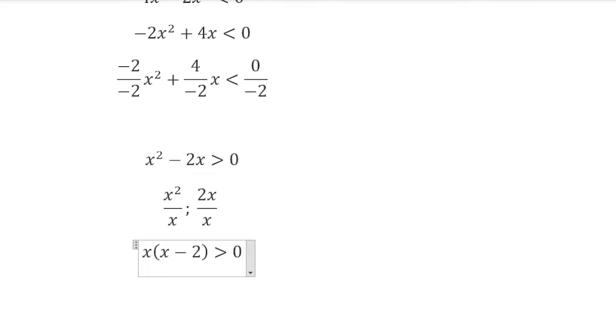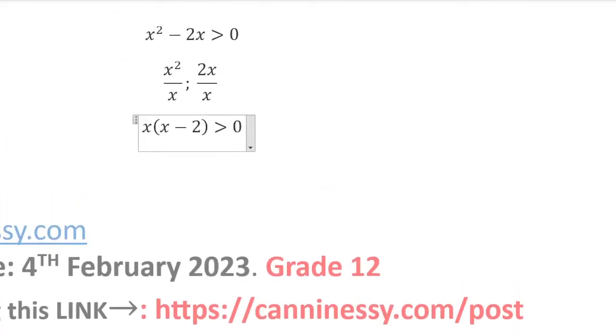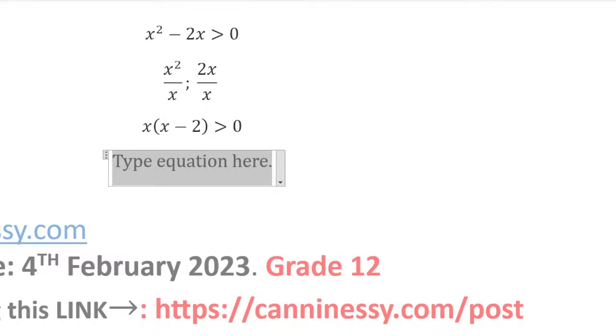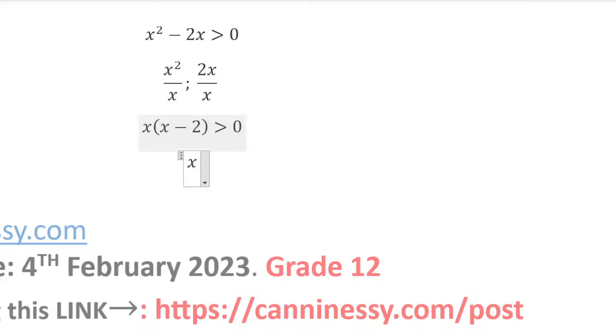Now, if we have an equation that is greater than 0, x will be greater than the big number and x will be smaller than the small number. So here we'll say x is greater than positive 2, right? Or x is less than 0.